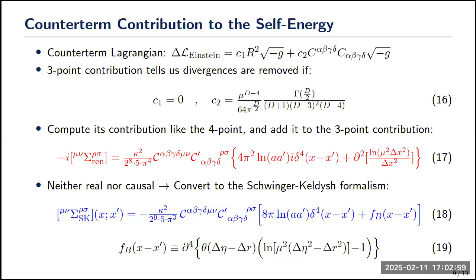But there's a really neat way to fix this, by converting from the in-out formalism to the in-in formalism, which is also called the Schwinger-Keldysh formalism. Doing that gets rid of these pesky factors of i, and it also enforces causality through this theta function here. So this is the appropriate way to include the self-energy in your quantum-corrected effective field equations.